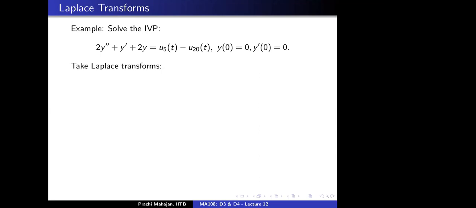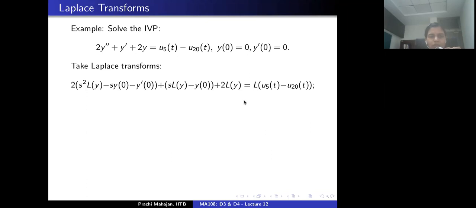All right, so let's apply the Laplace transform. This is under the assumption that the solution of this initial value problem satisfies whatever is required to apply the Laplace transform. So if we apply the Laplace transform, what will I have?